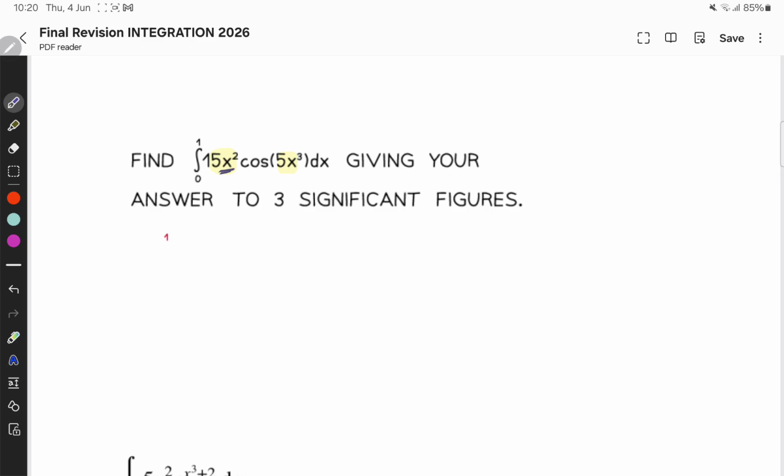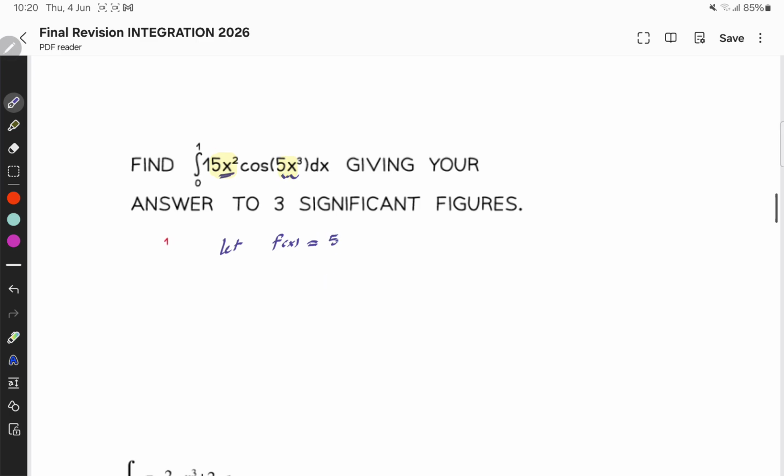So let f of x be equal to the inside function, which is 5x cubed. So f dash x is equal to 3 times 5, it will be 15x squared.